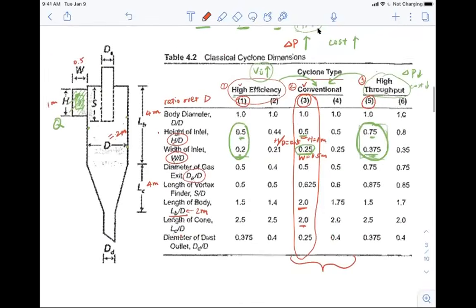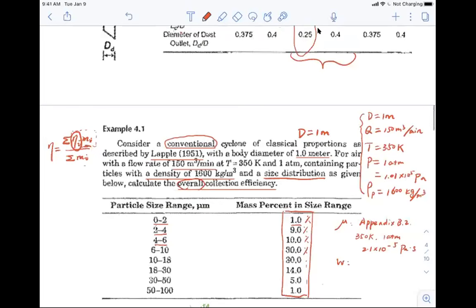So we're going to use this column here, and you can see that the ratio between the width of the inlet and the body diameter is equal to 0.25, right? And the problem told us that the diameter is equal to 1 meter, right? The body diameter is 1 meter here. So which means that W over D is 0.25.